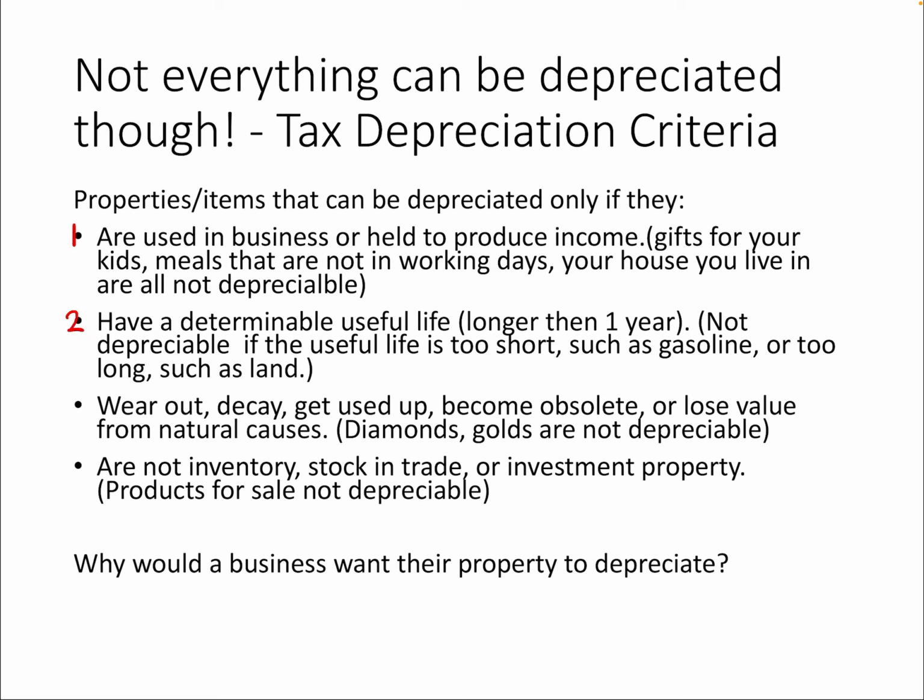The second category of things that are depreciated is things that have a determinable useful life, usually longer than 1 year. So first, if you already know that thing is related to your business and it's to produce income, and the useful life for that thing is longer than 1 year, then you can claim that this thing is depreciated.